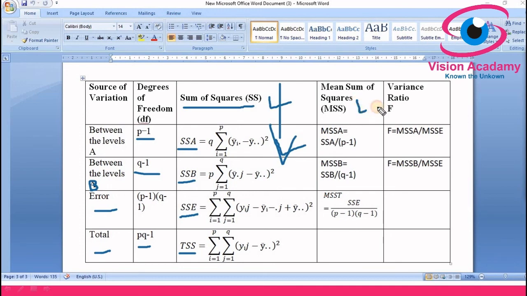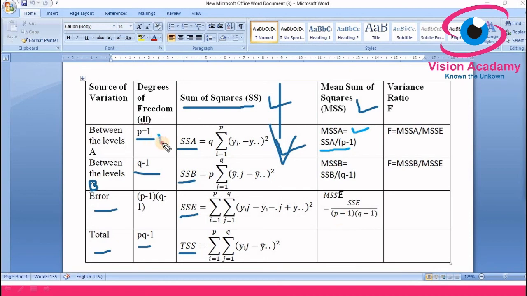So in the mean sum of square column we have the mean sum of square of level of factor A. The formula, you know, is SSA divided by P minus 1, and MSSB, the mean sum of square of the factor level of B, and MSSE, which is SSE divided by P minus 1 times Q minus 1. So you need to be very careful here.